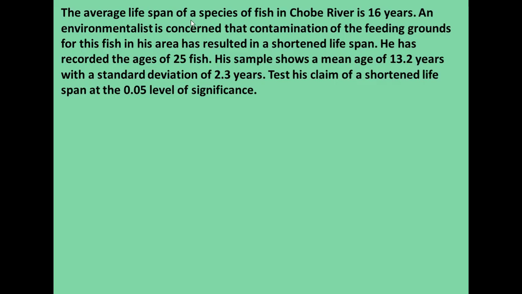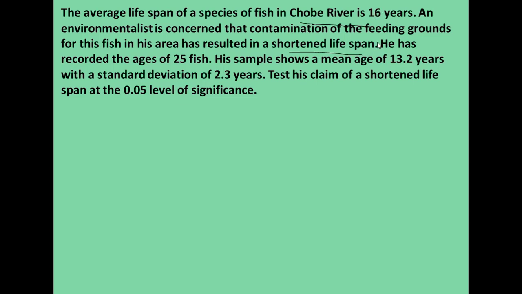The average lifespan of a species of fish in Chobe River is 16 years. An environmentalist is concerned that contamination of the feeding grounds for this fish in his area has resulted in a shortened lifespan, right? That means that this researcher is claiming that the lifespan is lower, or way less than 16 years.